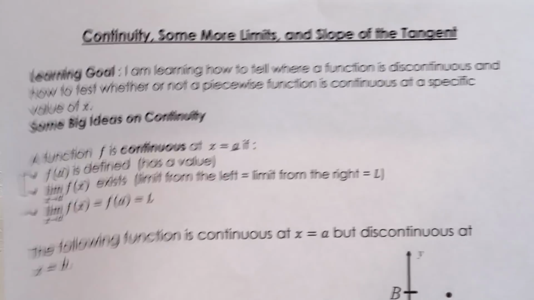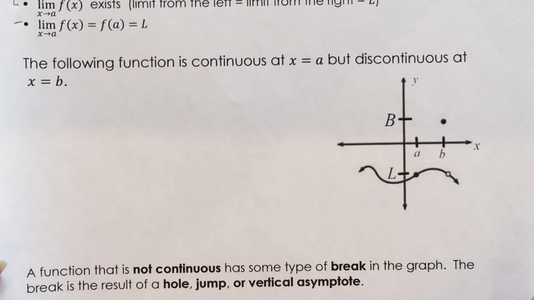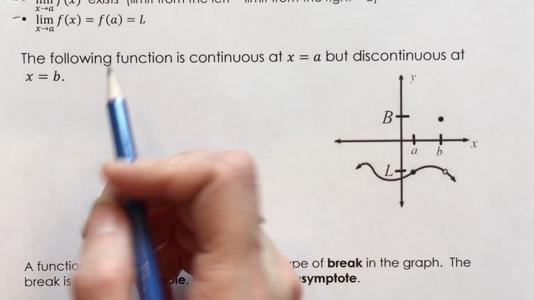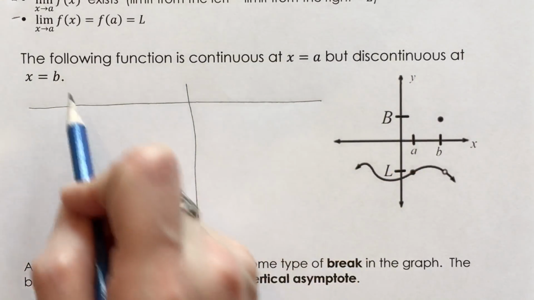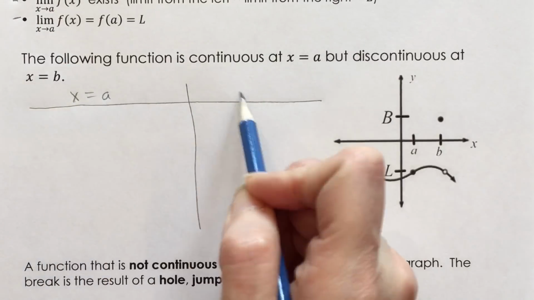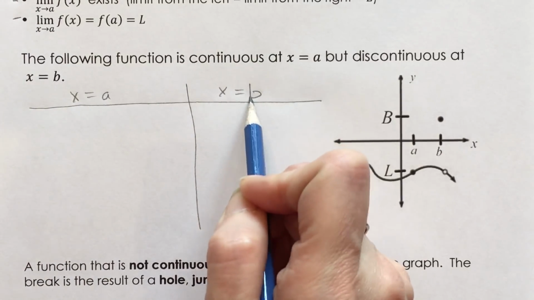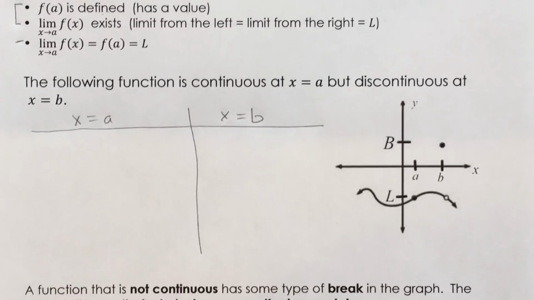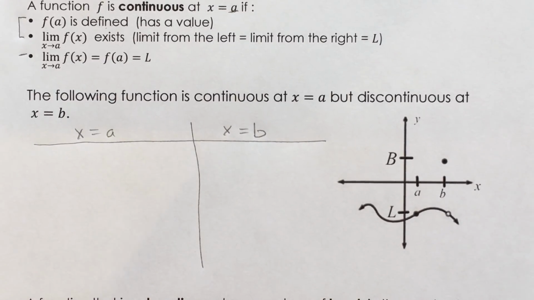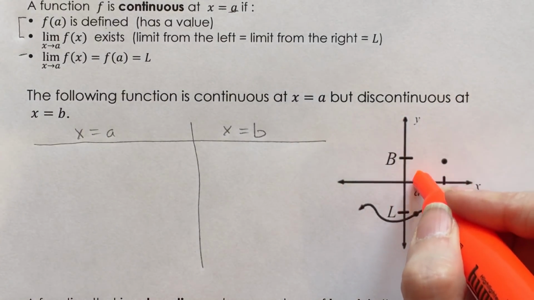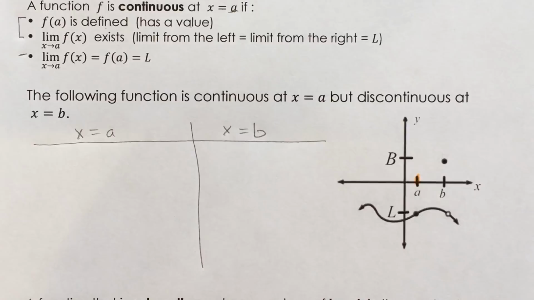So I illustrated a little example here so we could compare the same function, and it's said that this function is continuous at x equals a, but discontinuous at x equals b. So we're going to apply our three-part test here and see which part or parts fail. So here's x equals a.